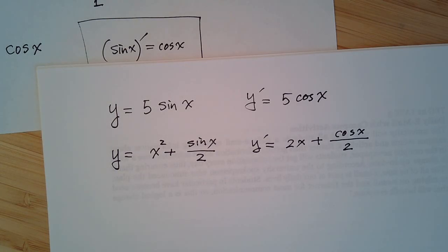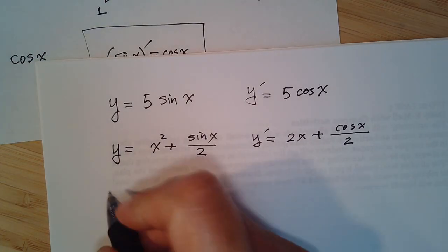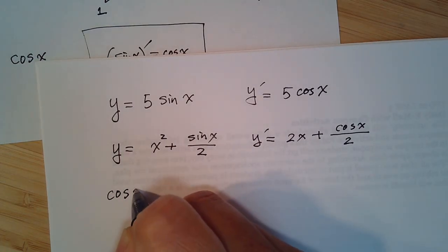All right, so that is the first thing we learned, how to get the sine prime. And how do you get the cosine prime? There's also a way to prove it. I think you can do the same thing, because we know cosine x.